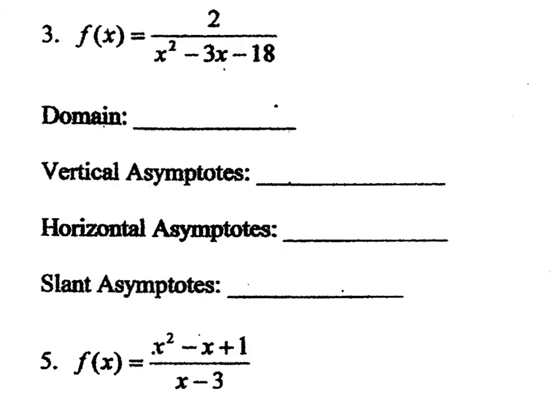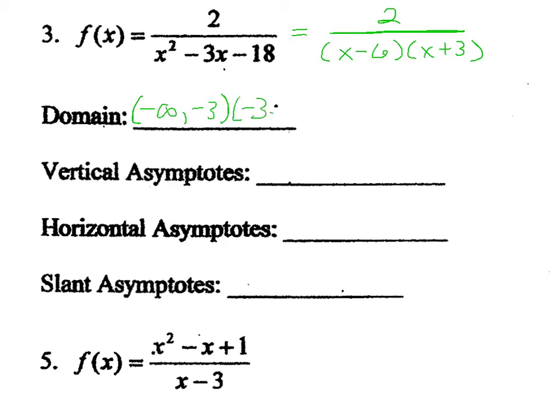For number 3, I'm going to first factor the bottom to x minus 6 times x plus 3. So I know that I cannot plug in a 6 or a -3. So my domain will be -infinity to -3, -3 to 6, and then 6 to infinity.